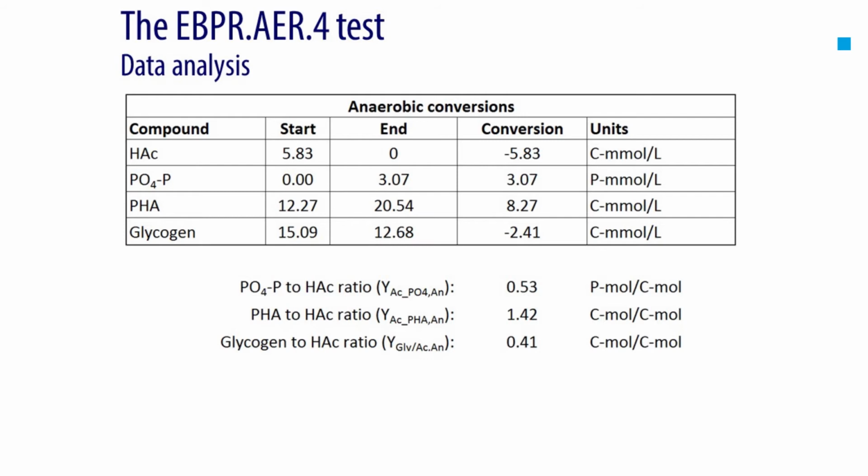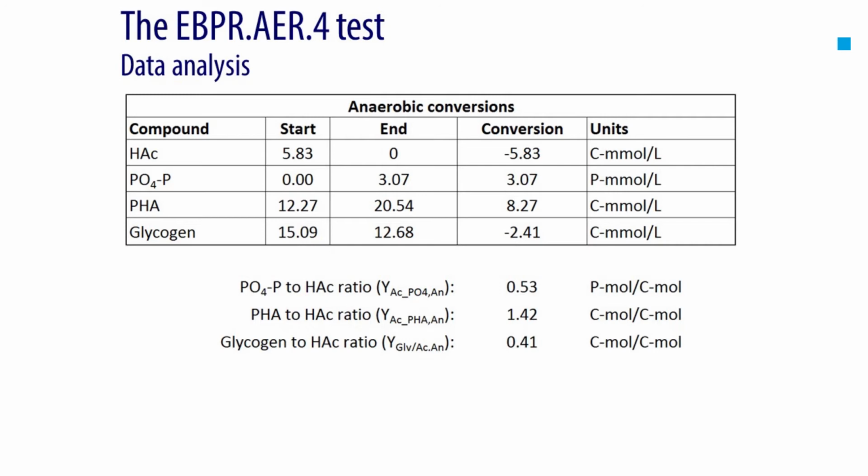In this example, the ratios of 0.53 P-mol per C-mol, 1.42 C-mol PHA per C-mol HAc, and 0.41 C-mol glycogen per C-mol HAc are similar to those reported by Smolders et al. in 1994 for PAO cultures enriched with acetate as carbon source.